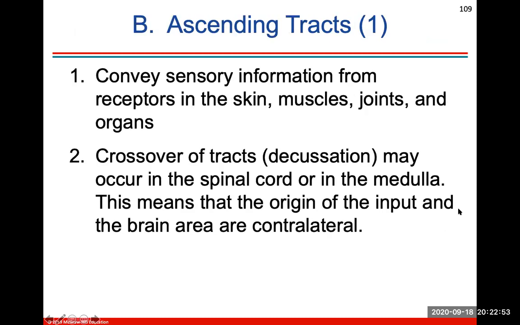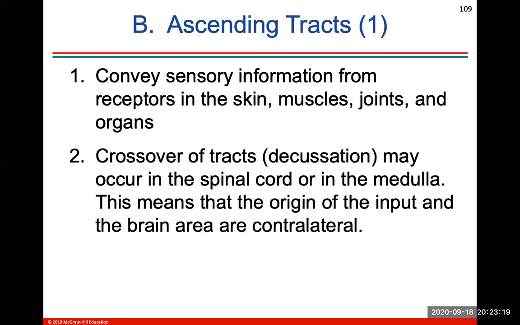These ascending tracts convey sensory information originating in your skin, your muscles, your joints, and organs. The tracts will always decussate. Decussation just means they cross over. The crossover of tracts may occur in the spinal cord or in the medulla of the brain.